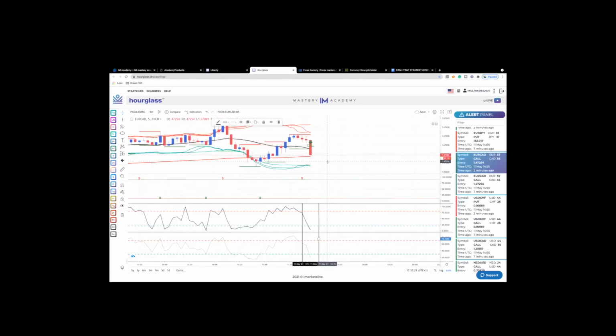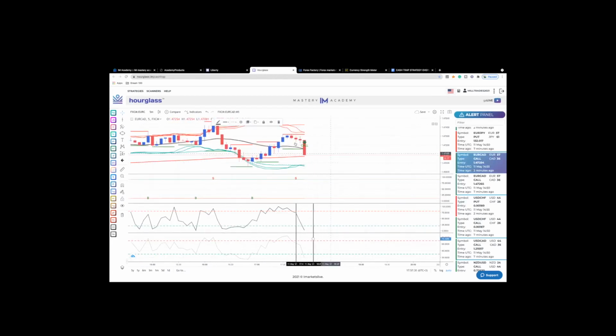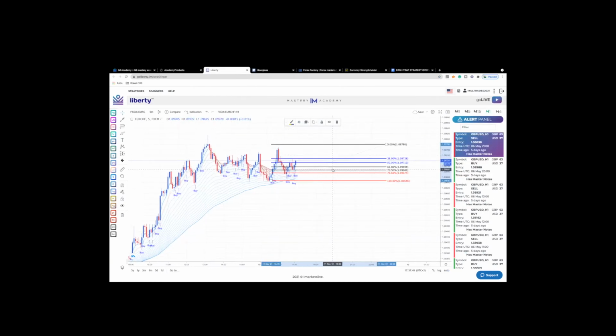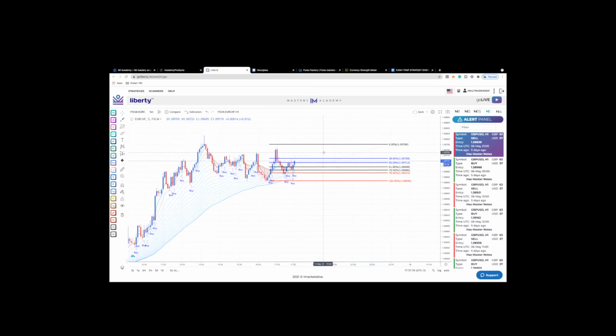Is anyone watching EuroCAD? This could blast right back up. It's going to hit 0.63, 7,008. Let's see. So on Liberty, I'd want a 70% retracement, or 61 at 699 or 688.